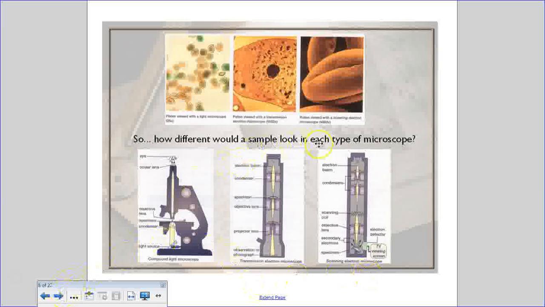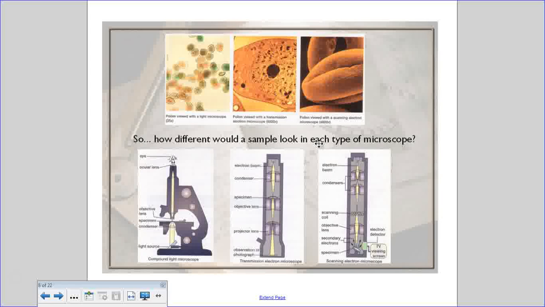In your assignment, you'll have some questions asking, if you wanted to look at this type of sample, what kind of microscope would you use? If it was something that was moving, that would have to be one of the light microscopes we talked about.